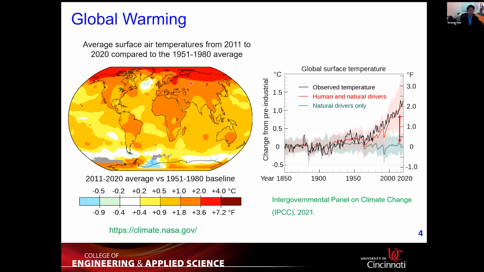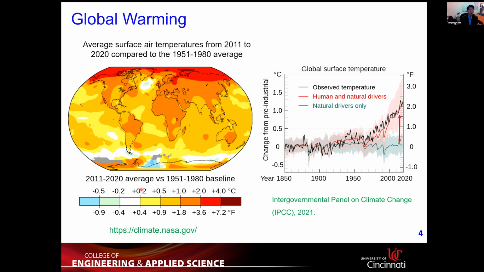So let me start from this slide. I believe you have seen this figure maybe not a million times, but many times. This graph shows how global surface temperature changed over time. We compare the average temperature between 2011 and 2020 versus 1951 and 1980.